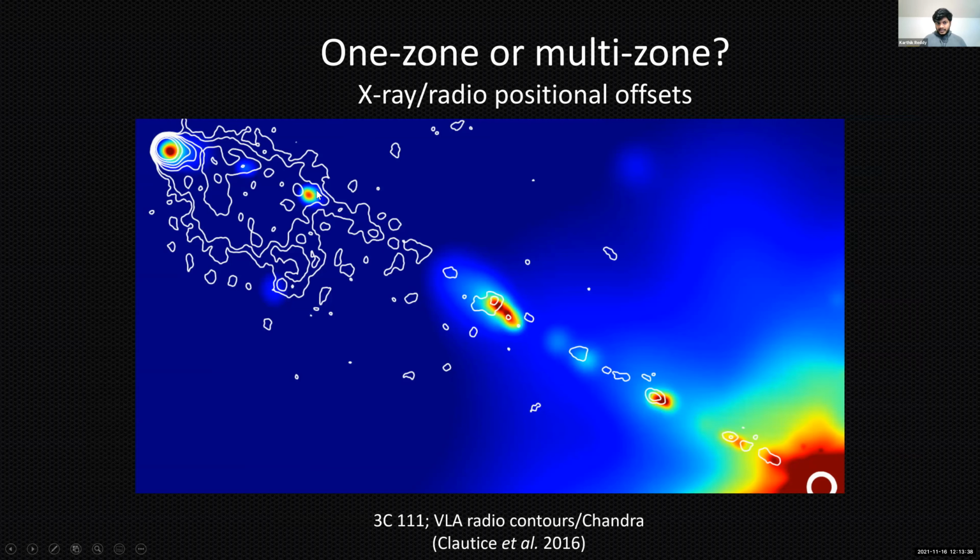What I am interested in is knowing how these knots could produce X-rays. Now, apart from their X-ray emission mechanism, we also don't know several properties of these jets. Like, we don't know how fast they move on kiloparsec scales.